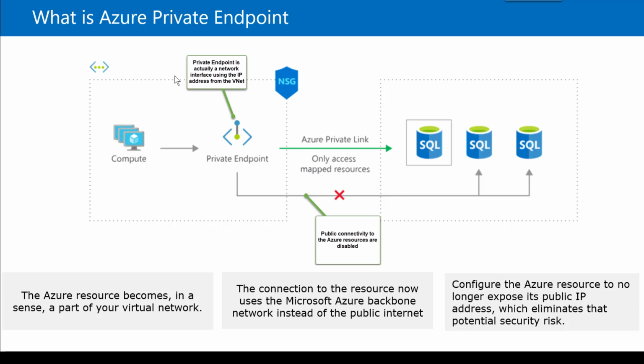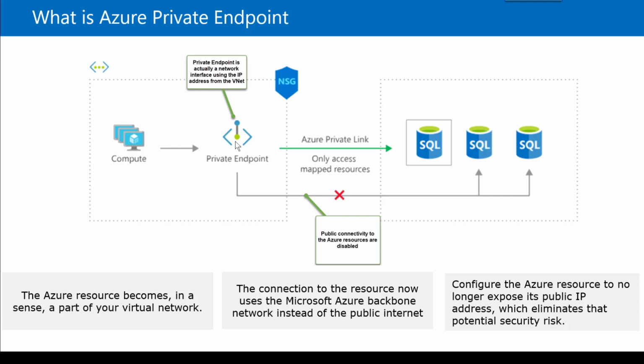In layman's terms, you can understand it as a network interface which is within the VNet address space and has its own IP address, and this VM can connect to the private endpoint or network interface, and then the connectivity, instead of going via the public internet, goes via the private endpoint. Okay, so what are the advantages of this approach?